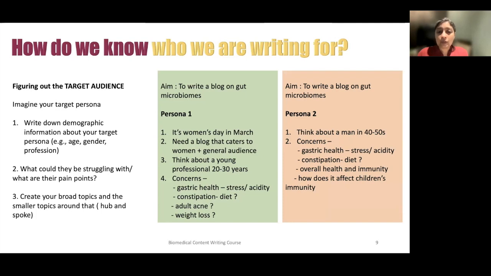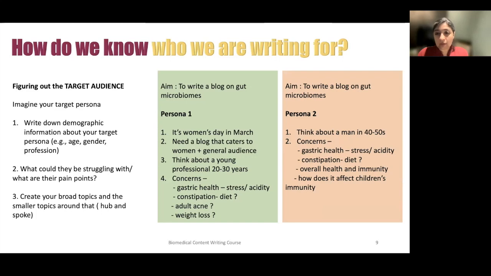So we think about a young professional, maybe in her 20s to 30s. Her concerns would be maybe stress and acidity and how it affects gastric health, constipation and how diet is related to it. She may be suffering from adult acne or struggling with weight loss and was wondering how her gut microbiome or gut health would help with that.